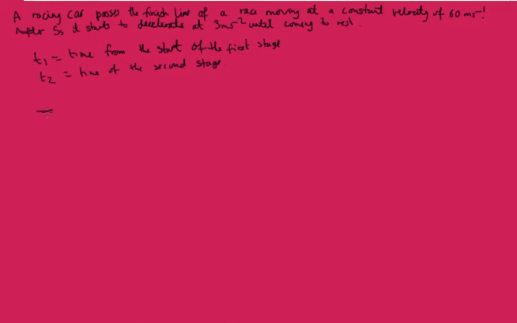So here is our racing car at the finishing line, and for T1 the velocity is constant at 60 metres per second. Then here we see a deceleration for T2 seconds until it goes to 0.